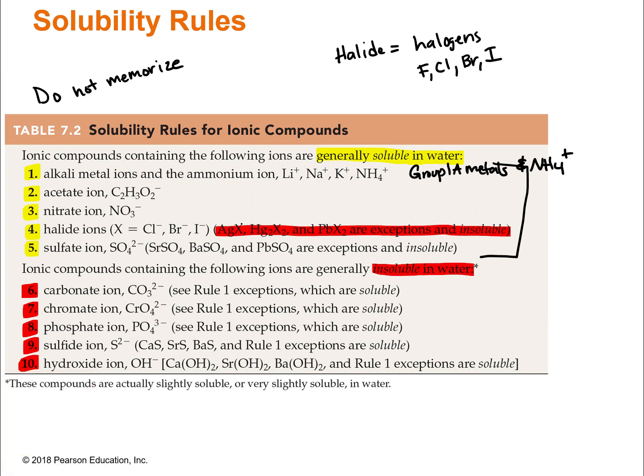So if you see AgCl or Hg2Cl2, PbCl2, those are all insoluble because silver, mercury 1, and lead 2 do not like the halide ions. They're like, look, come for me, bro, but we're gonna fall out of solution together.